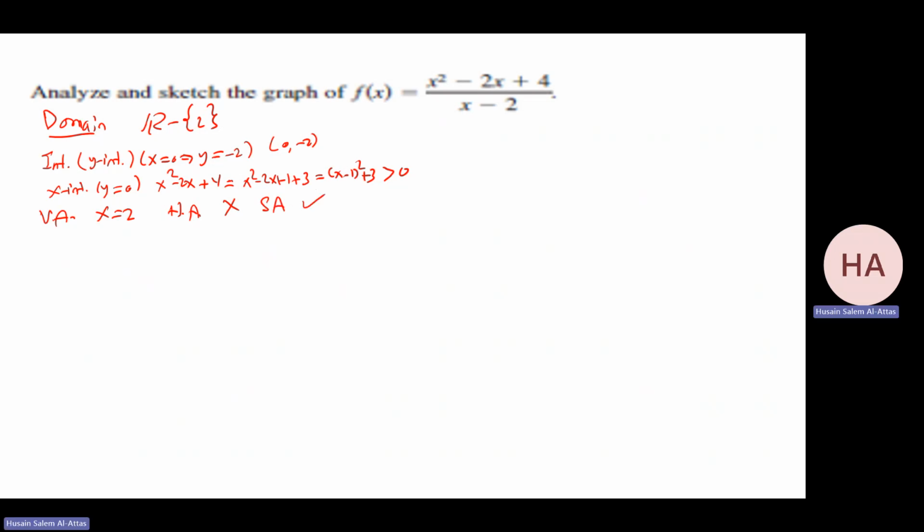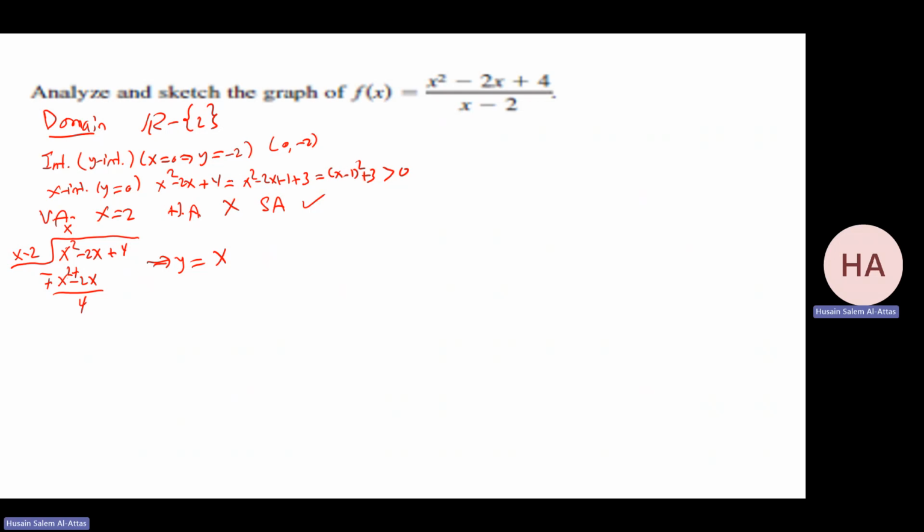How to find it? Long division. That will give you x, and x squared minus 2x, minus plus, so the remainder will be 4. So my slant asymptote is y equal x.